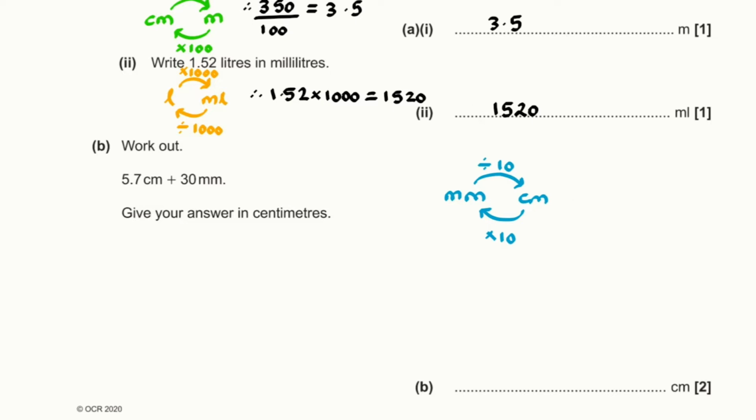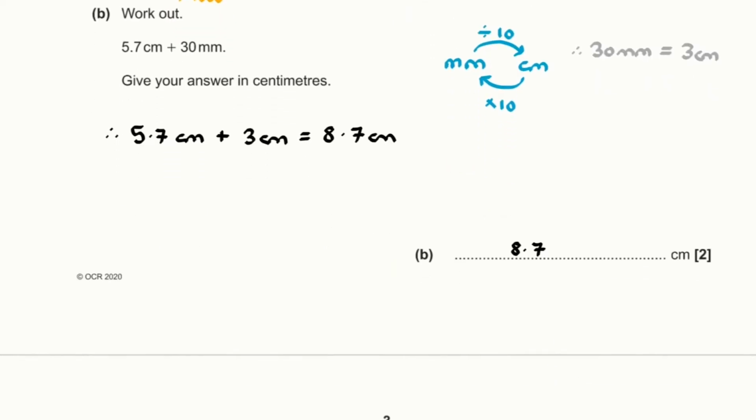And so therefore 30 millimeters, if I divide this by 10, I get 3 centimeters. So we've got 5.7 centimeters plus 3 centimeters, which is 8.7 centimeters. So we end up with 8.7 centimeters.